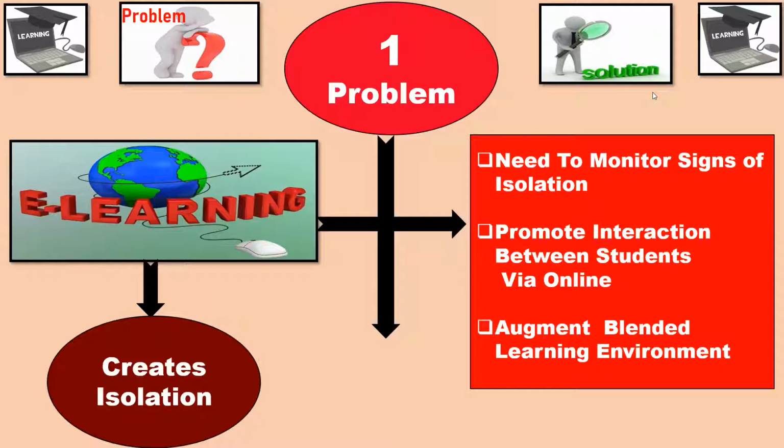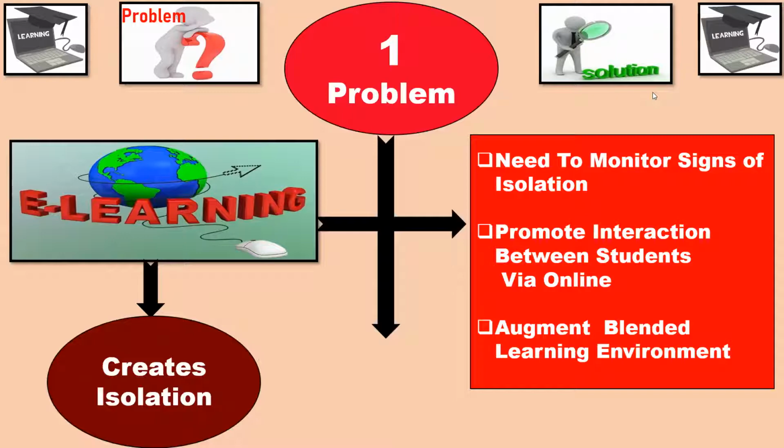That is the first thing. And immediately we should focus on promoting interaction between the students online. No problem, we have this mode via online, and we should create a platform and identify the path by which the students can interact among themselves. That is interaction among peers.